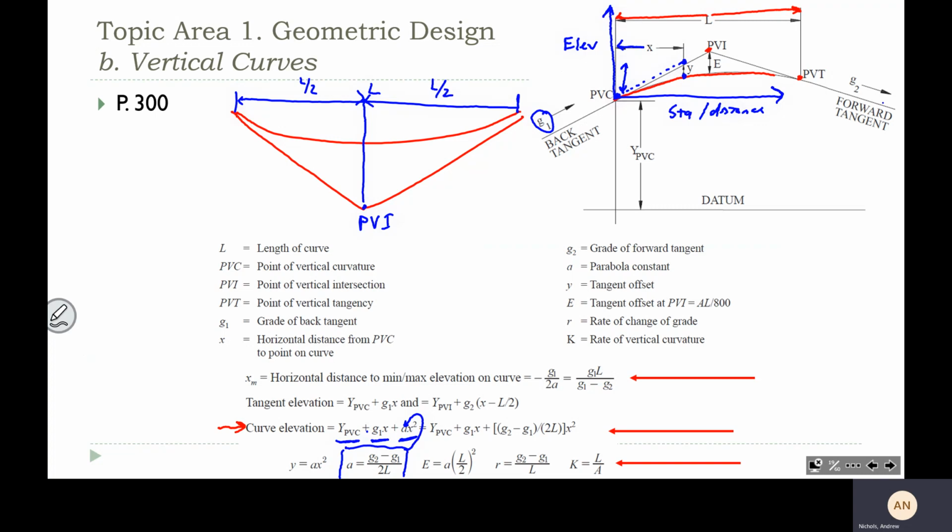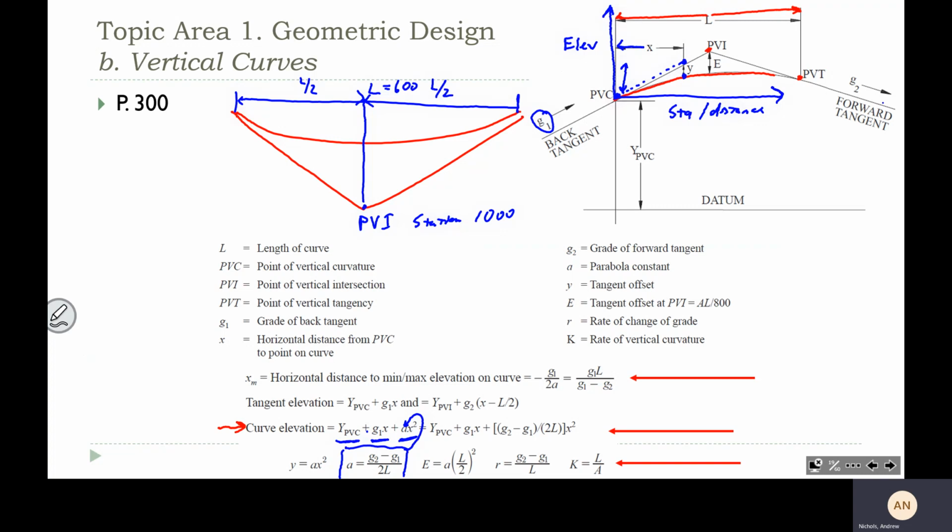They call these equal tangent vertical curves, and that's an important property because a lot of times they'll give you that the PVI is at station 1000.